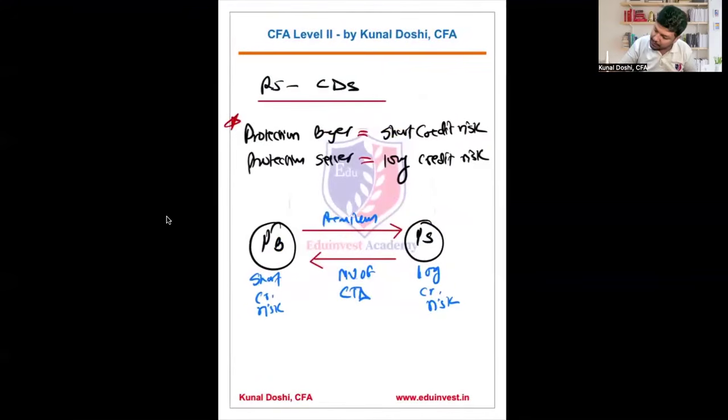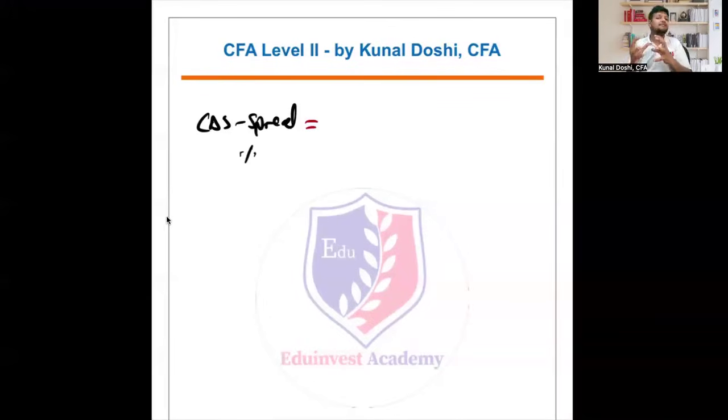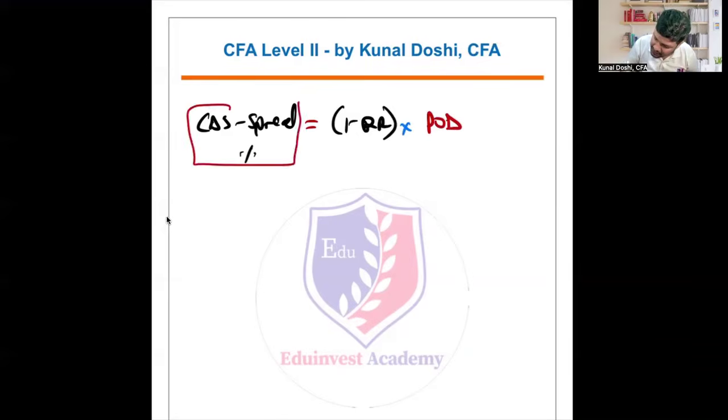The CDS spread in percentage is actually the default amount, which is 1 minus recovery rate, into the probability of default, POD. That will give you the CDS spread. If you have to remember any formula related to the CDS spread, just remember this.